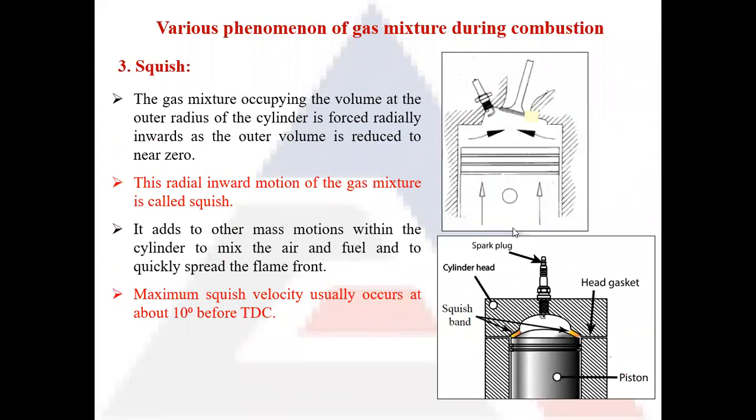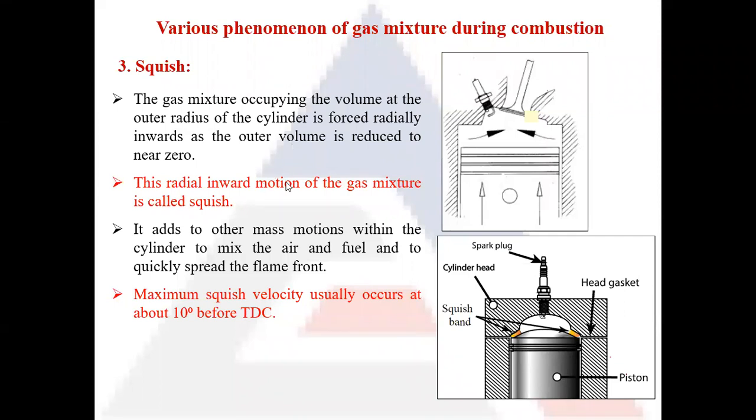Now, when the piston is moving in the upward direction, the compression is taking place, and the air or the air fuel mixture that is at the edges of the piston is pushed in the inward direction. The air or air fuel mixture that is at the edge is pushed radially inwards. Now, this motion from the outer periphery of the combustion chamber towards the center of the combustion chamber is known as the squish.